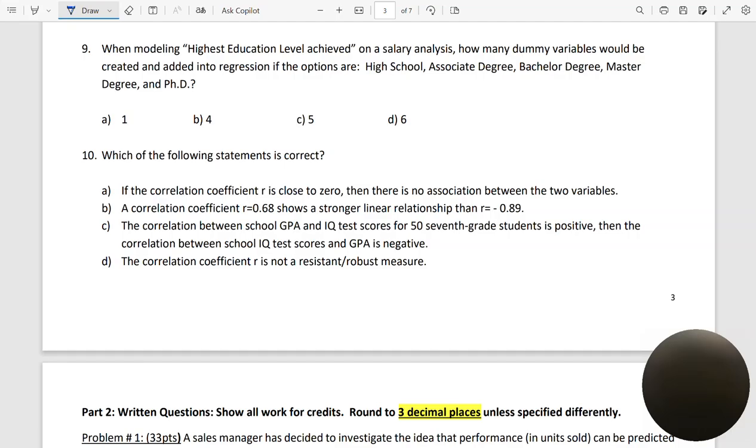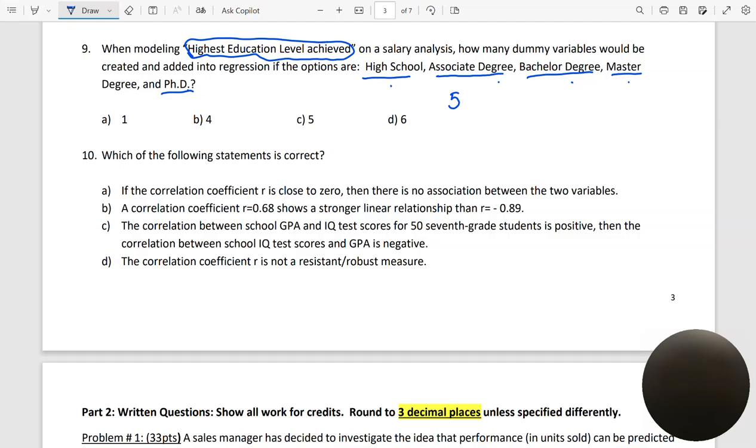All right, number 9. When modeling the highest education level achieved on the salary analysis, how many dummy variables would be created and added into regression if the options are high school, associate's degree, bachelor degree, master degree, and PhD? So for this question, it's asking about what? Okay, so now we have a categorical variable with 1, 2, 3, 4, 5 categories, right?